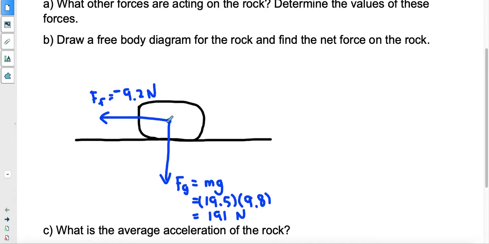There's also going to be a normal force. Since this curling rock is on the ground, there's going to be a normal force acting in the upwards direction. The normal force is also going to be 191 newtons, the same as the force of gravity.